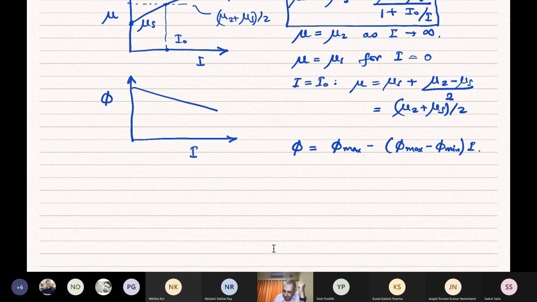Or, don't even bother about that. You can just say C times I, where C is just a constant.